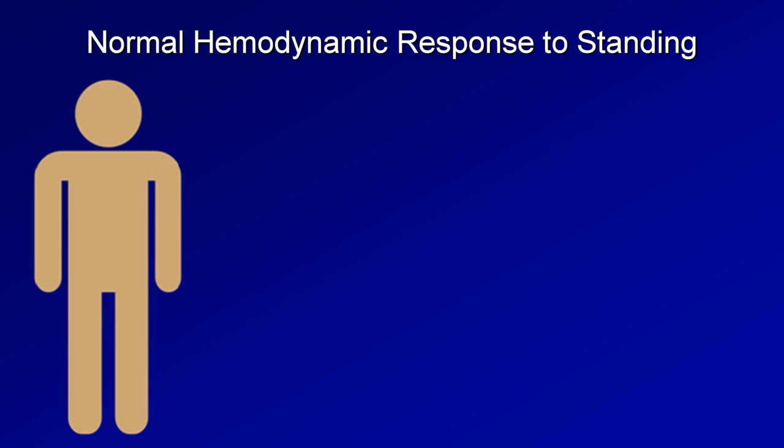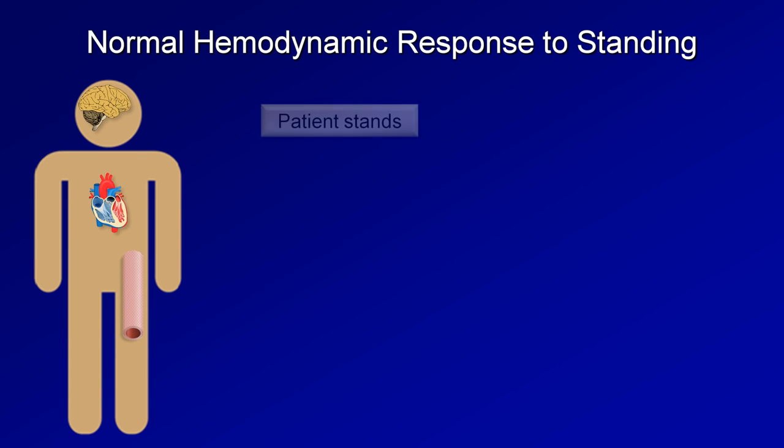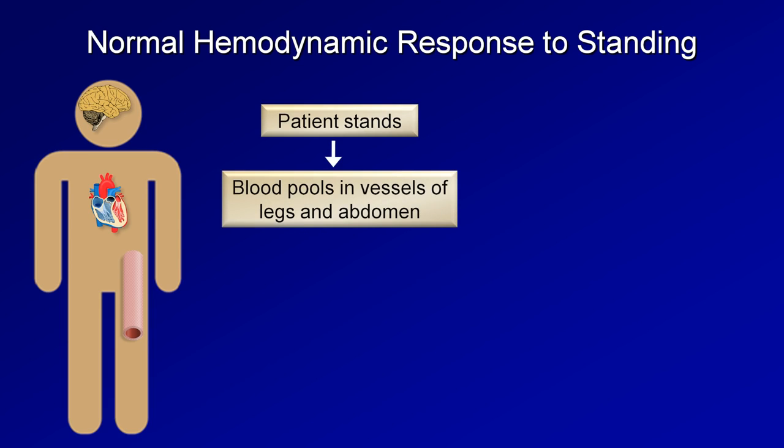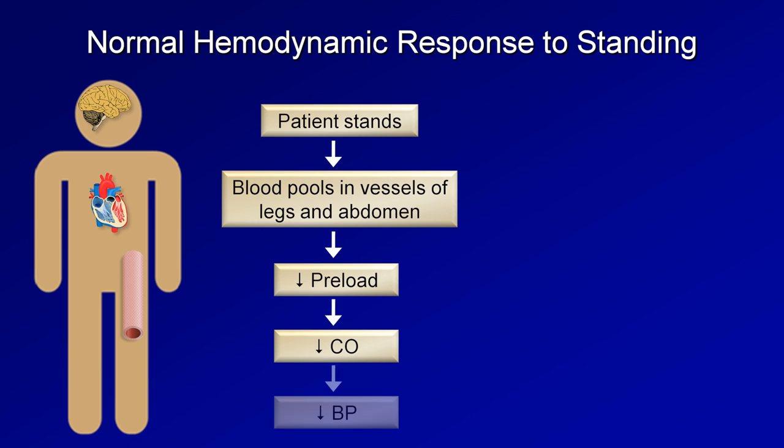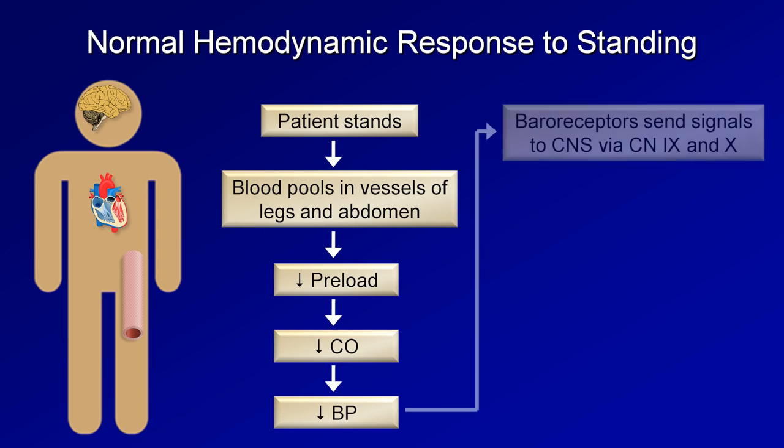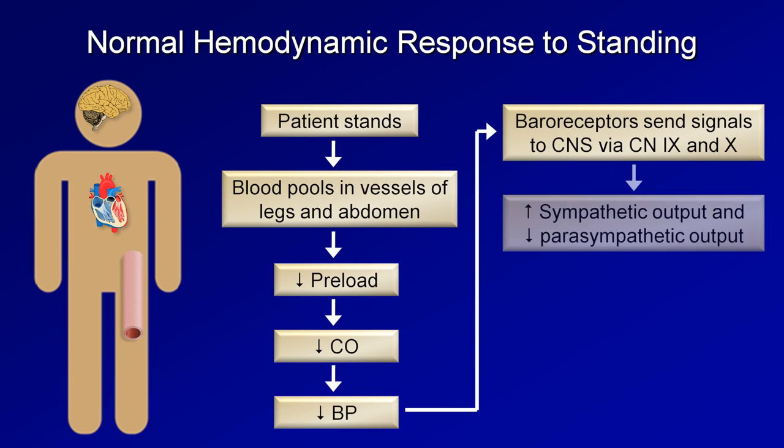There are 3 components: the heart, the arteries, and the brain. So when a patient stands, blood pools in the vessels of the legs and abdomen. This decreases preload, which decreases cardiac output, and thus blood pressure. The decreased blood pressure is sensed by baroreceptors, which send signals to the CNS, and the CNS's response is to increase sympathetic output and to decrease parasympathetic output.